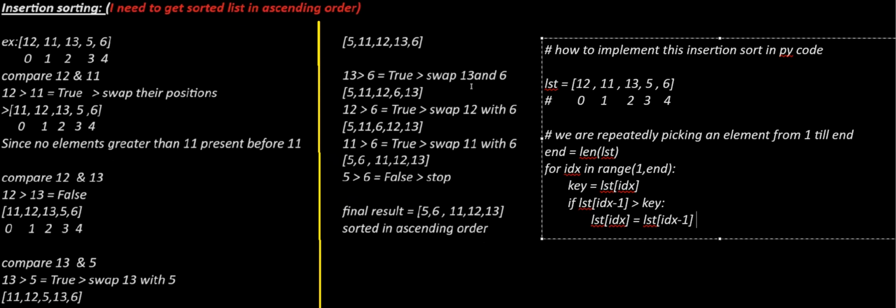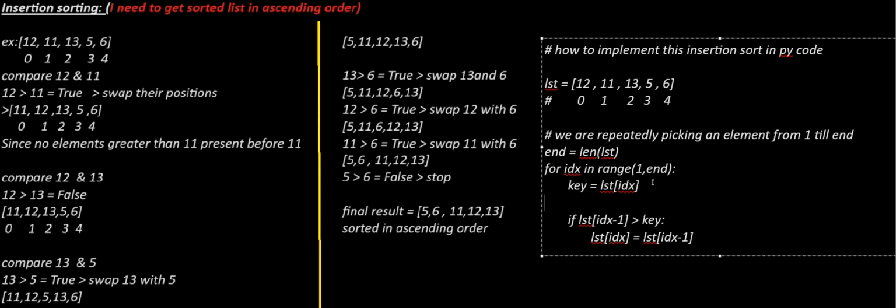Since 13 is greater than 6, I swapped 13 to the right side and stored 6 as the key value here. Now, do I again check 6 with the previous value or not? Yes. Till how long do I need to check? Till an index with an element which is not greater than the current key value.